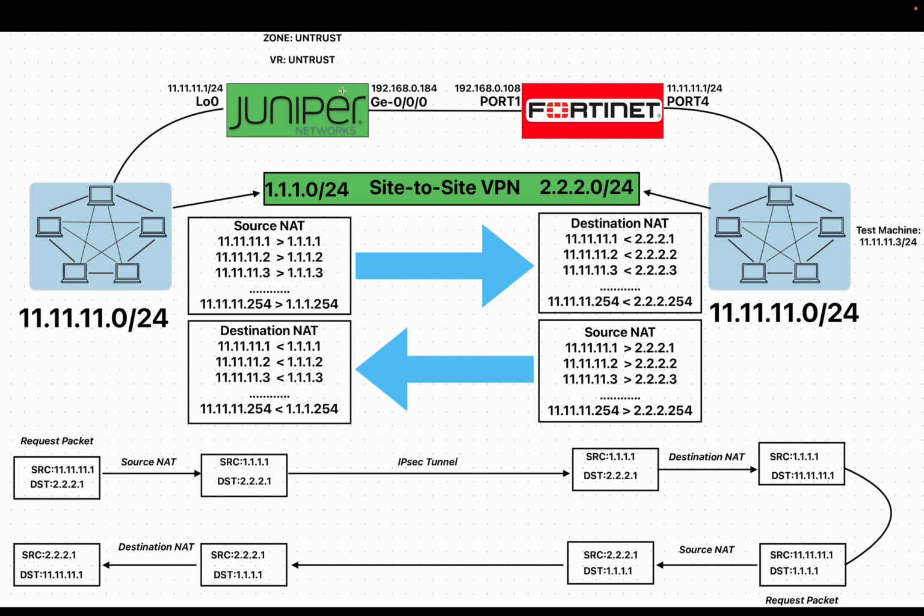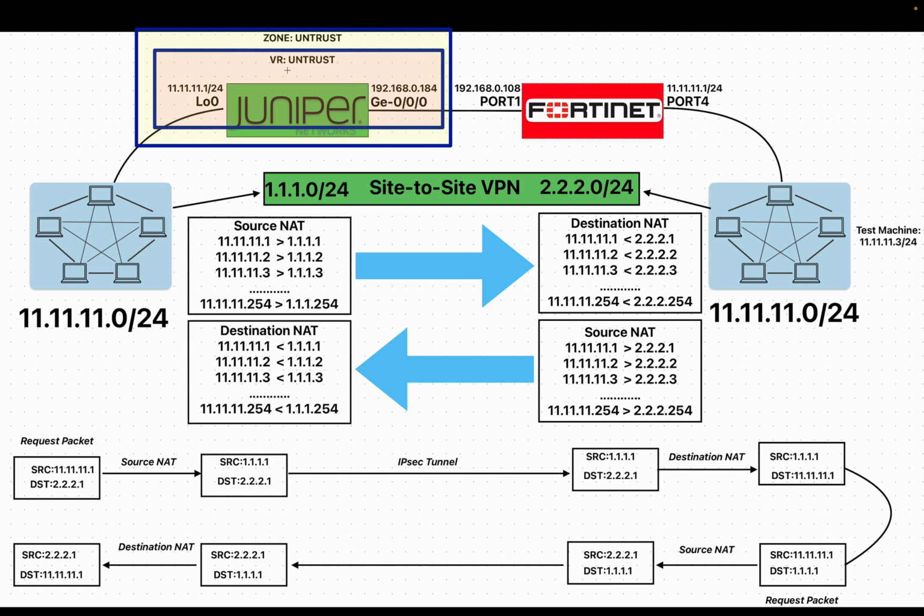And all the interfaces here on the Juniper device are in the untrust zone, and the interfaces are in the VR untrust. So to keep things simple, we have all the interfaces in the untrust zone, and we have listed them in the VR untrust.